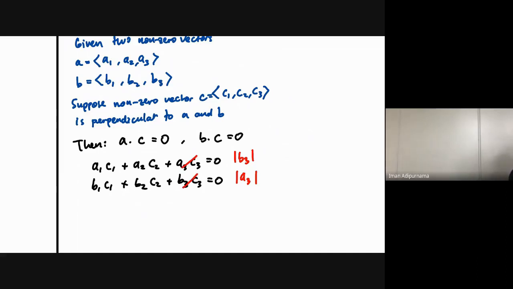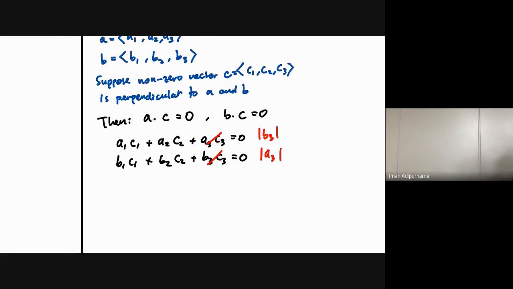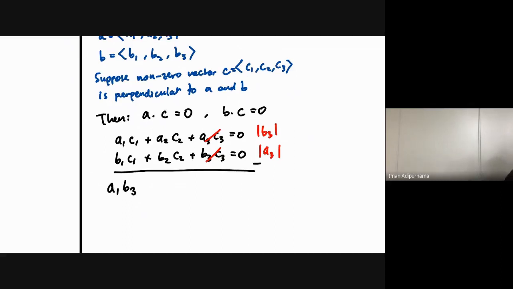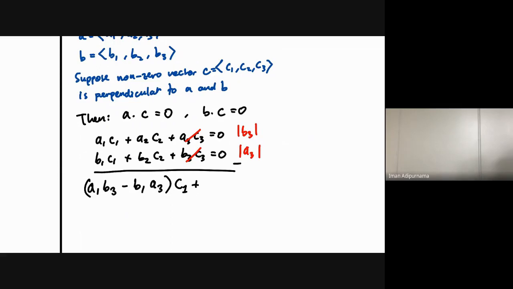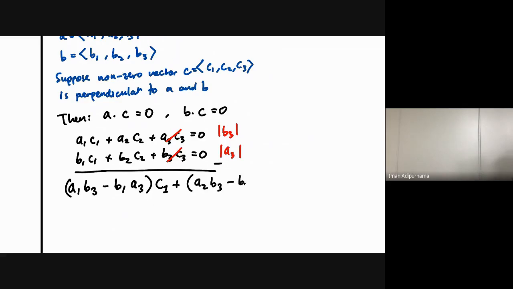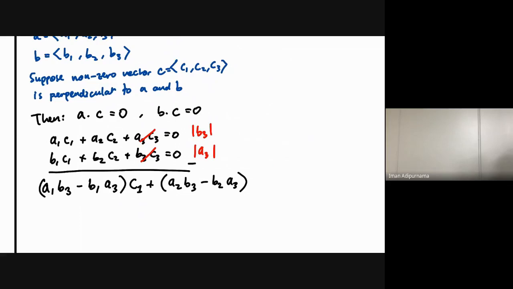So I will eliminate this, and we get A1 B3 minus B1 A3, and this is C1, plus A2 B3 minus B2 A3, this will be C2, equals 0.